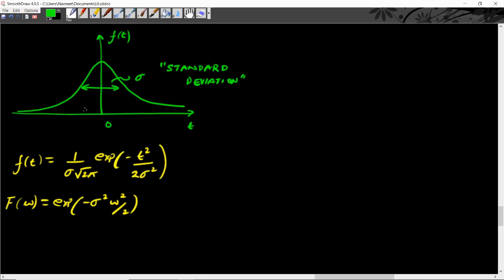And similarly, this function also has the width which scales as sigma.